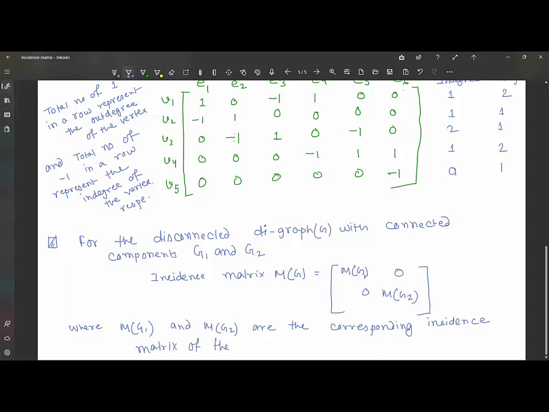So for a disconnected digraph the concept is the same: first draw the graph, and after that you can similarly calculate the incidence matrix for a disconnected directed graph.